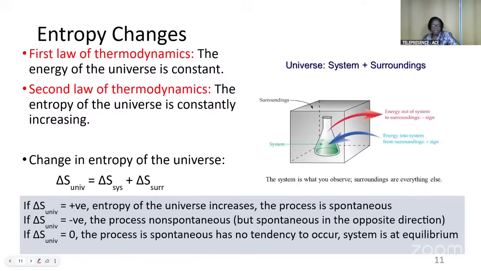So what we're saying is this: for instance, if you leave anything without using it, it's going to break down. It's just a matter of time. No matter how good, how beautiful that thing is, even your devices that you use, anything you place in an environment, over time, you're going to find it breaking down. That is, it's going to be tending to increase the entropy. That is the law of nature.